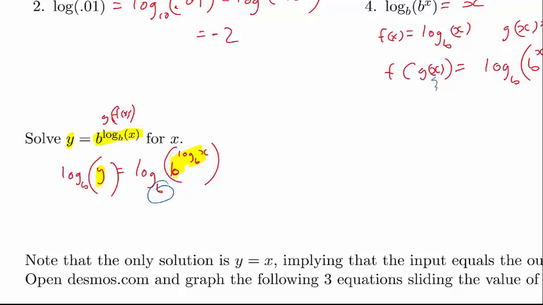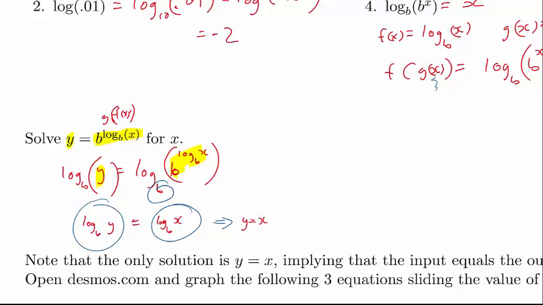Well, clearly it's just log base b of x. Okay. So note that log base b of y and log base b of x both match each other. And this would indicate that y equals x.